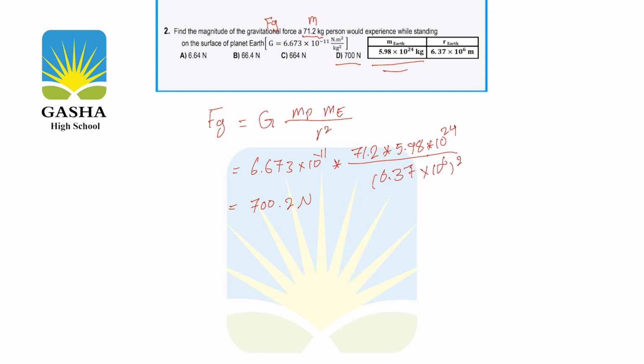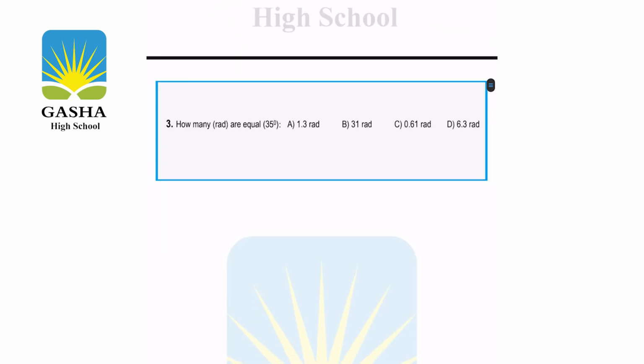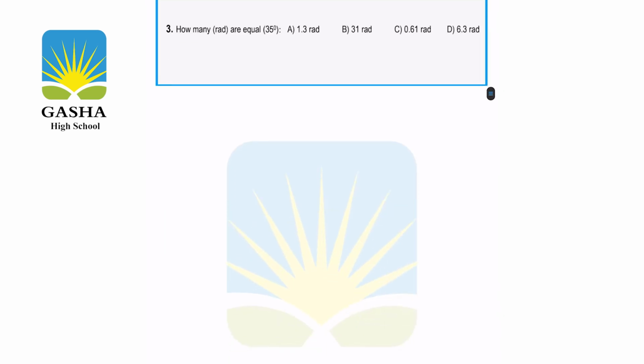So let's move on to question number 3, which is again from chapter 1. It says how many rad are equal to 35 degrees. So we have 35 degrees, and we want to convert it into radians. We have two ways.